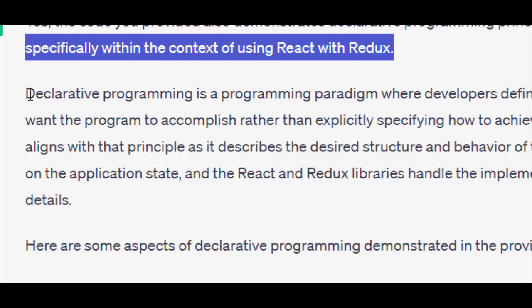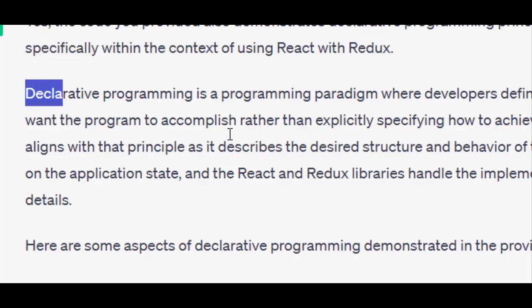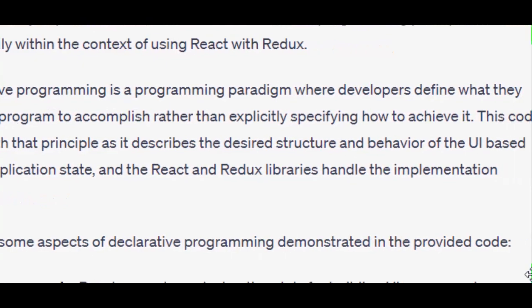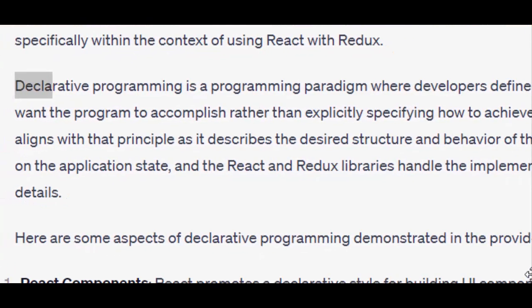And here: declarative programming is a programming paradigm where developers define what they want the program to accomplish, rather than explicitly specify how to achieve it.